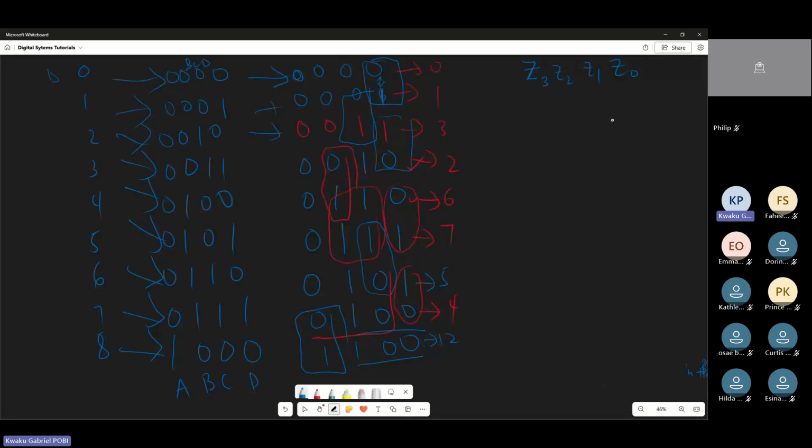Now when I consider Z0, I'm using the numbers down here. It is 0, 1, 1, 0, 1, 1, 0, 0, right? Then Z1 is the second down. So the second down is 0, 0, 1, 1, 1, 1, 0, 0, 0.